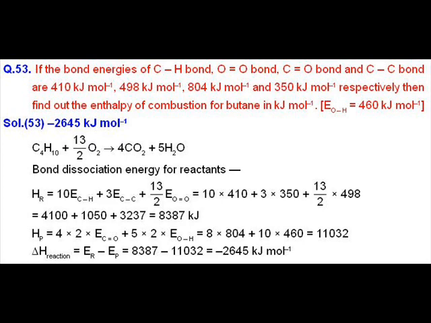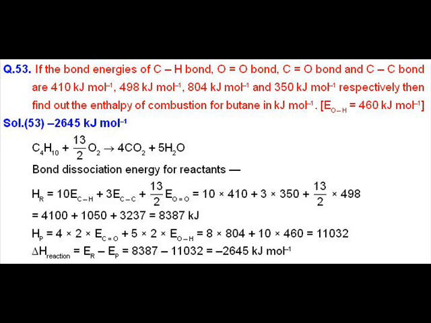There are 10 C-H bonds, so we have to provide 10 into the energy for 1 C-H bond, plus there are 3 C single bond C, so we have to provide 3 times the energy of C single bond C, plus there are 13 by 2 O2 molecules, that means 13 by 2 O double bond O, so we have to provide that much energy in order to break those bonds.